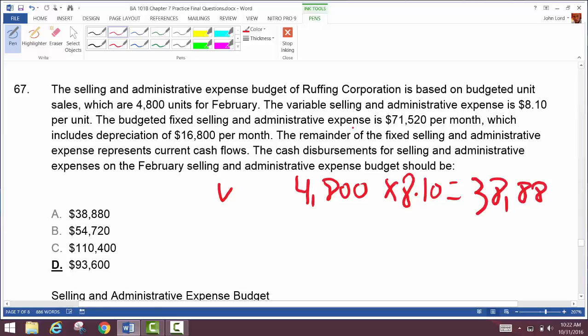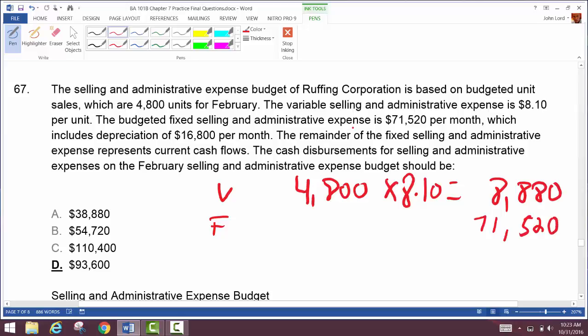And then we've got a total selling and administrative. We have to add our fixed selling and administrative. Okay. It says that is 71,520. Okay, good. So you pick up the fixed, 71,520. Good. And that gave you a total there, or?